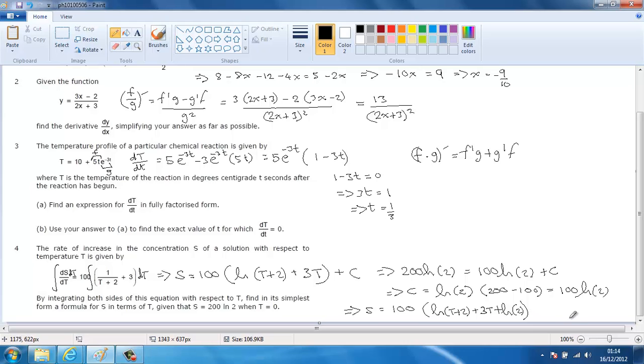Two natural logs can be combined to then give us 100 into natural log of 2 times t plus 2 plus 2t. That's making use of the fact that log a plus log b is the same as log ab.